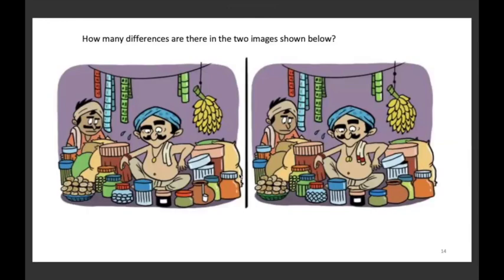How many differences are there in the 2 images shown below? You're shown here 2 images. You have to count the total number of differences that are there in both the images. Okay.